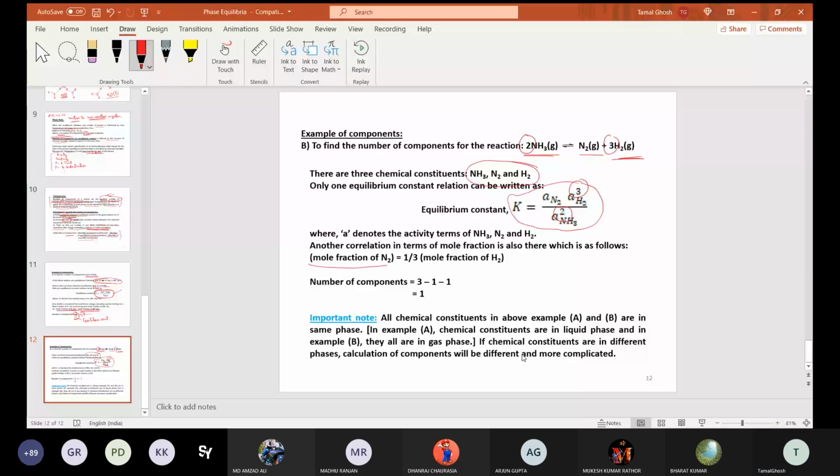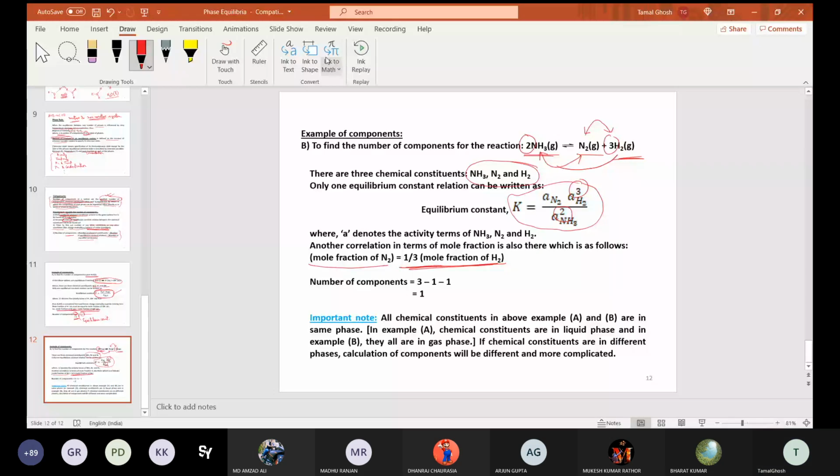I have written the nitrogen and hydrogen correlating these two as the second correlation. The same correlation can be written in 2 other ways, with ammonia and nitrogen, or ammonia and hydrogen.